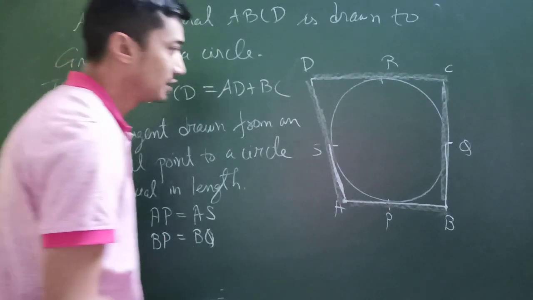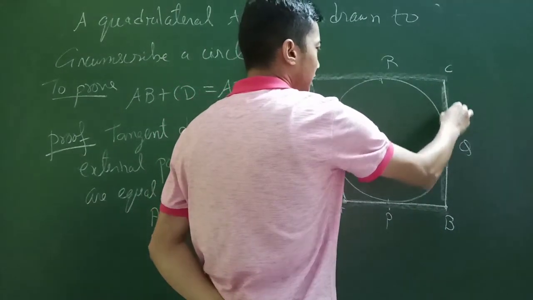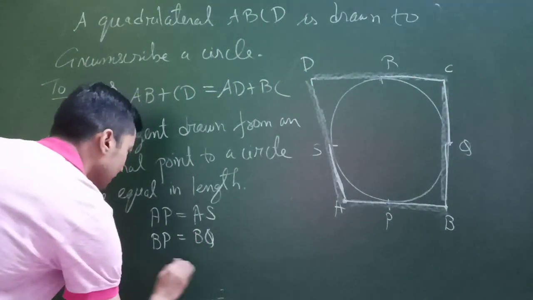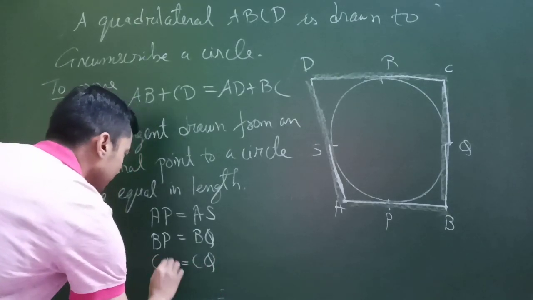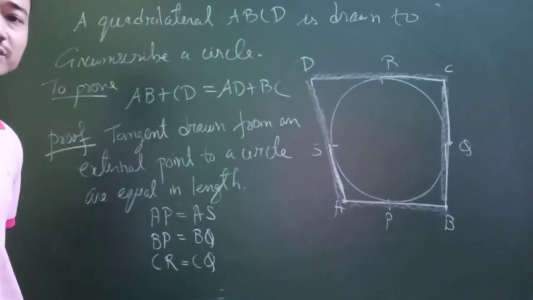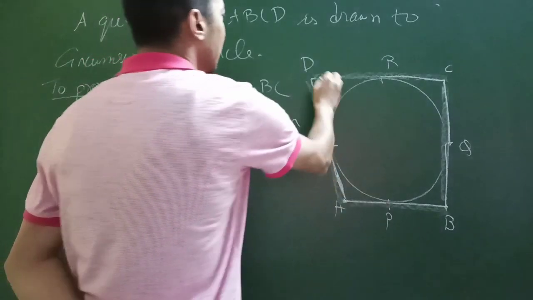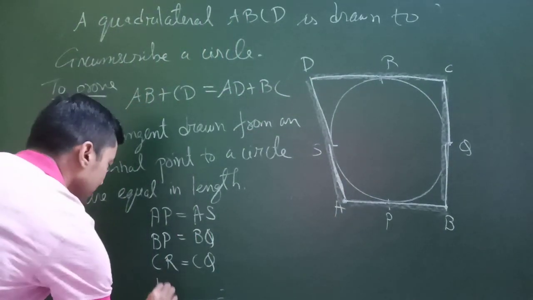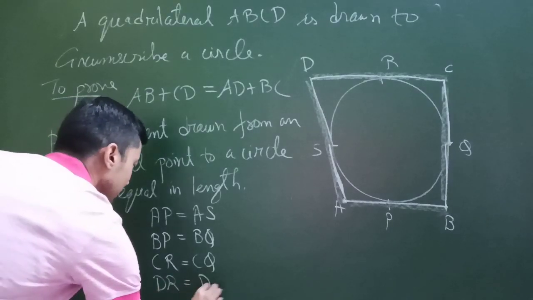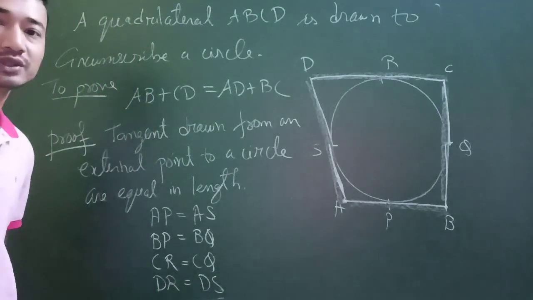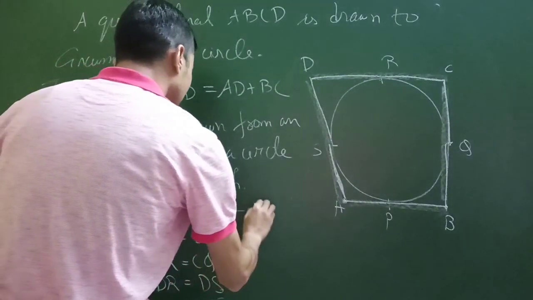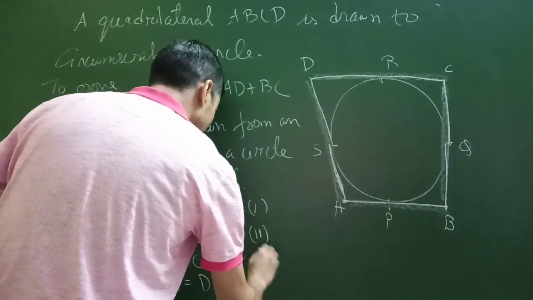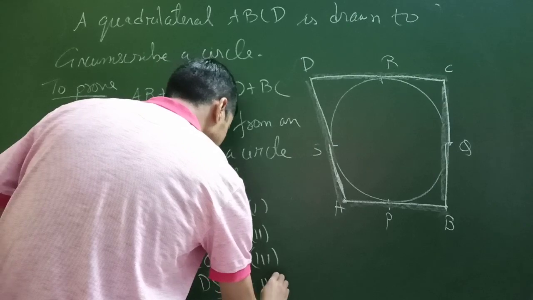CQ and CR are also two tangents, and finally DR and DS are also two tangents. So we can mark these as equations 1, 2, 3 and 4.